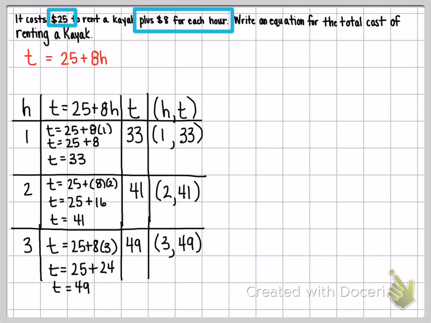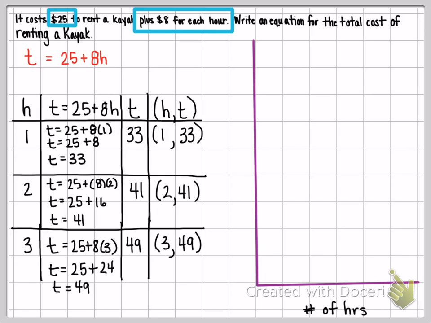Now, it's asking you to actually graph this situation. If I'm going to graph this, I know that on the bottom I have my input. So down on the bottom here is going to be the number of hours.